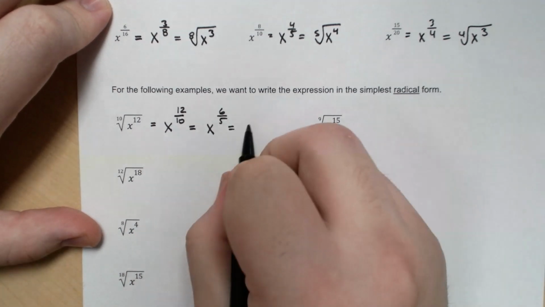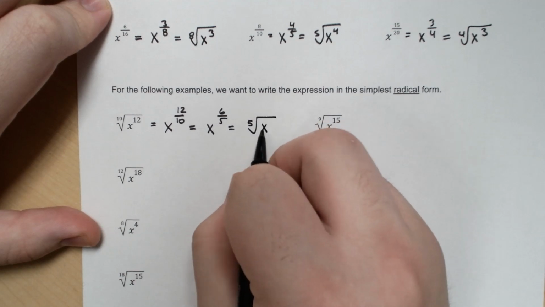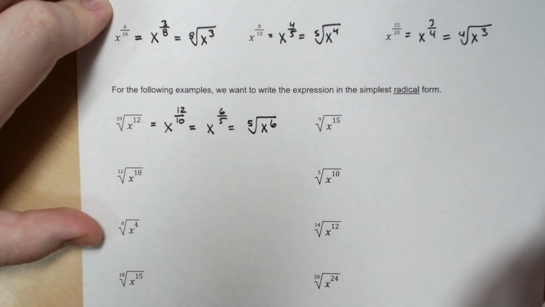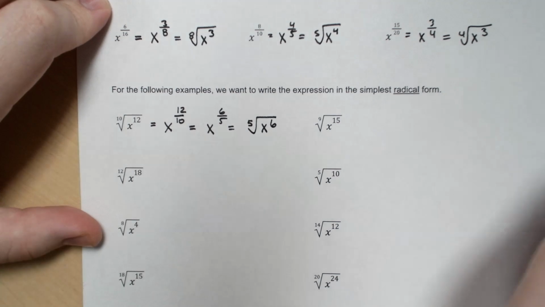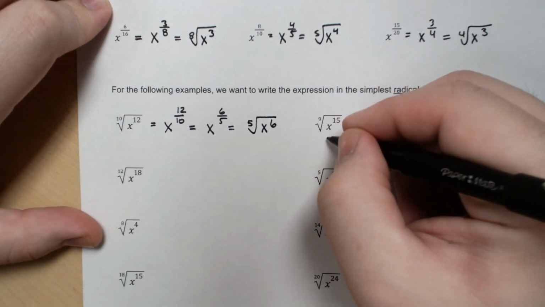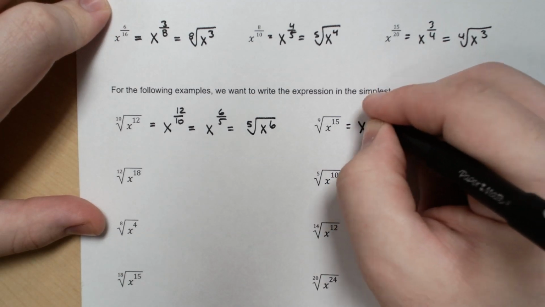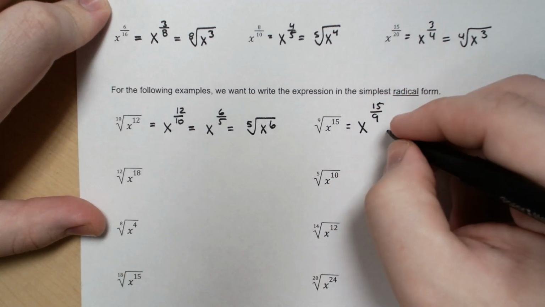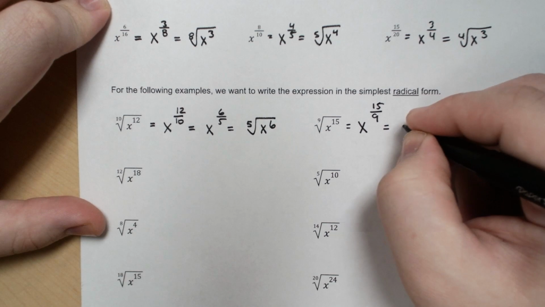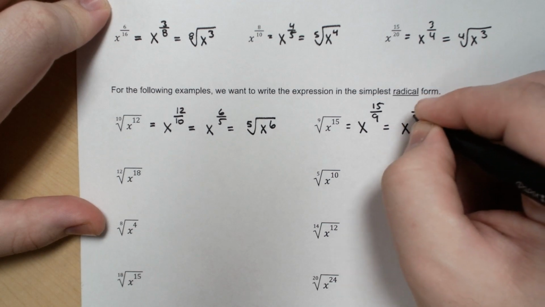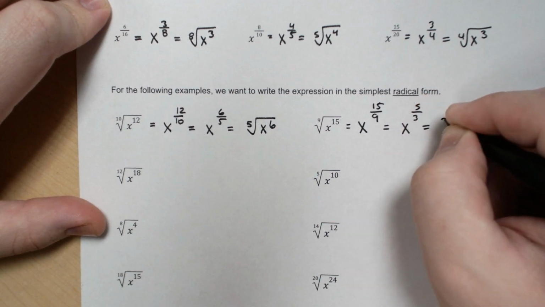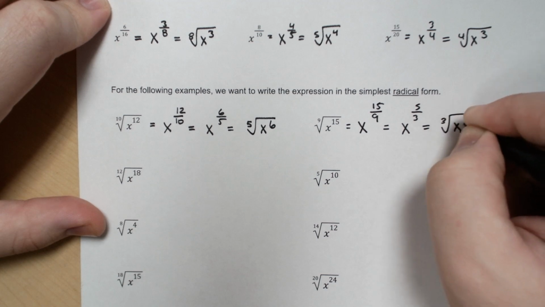And then I can rewrite that back as the 5th root of x to the 6th power. Next one, the 9th root of x to the 15th power could be rewritten as x to the 15 over 9 power. Well, 15 over 9 can reduce down to 5/3, which would give us the cube root of x to the 5th power.